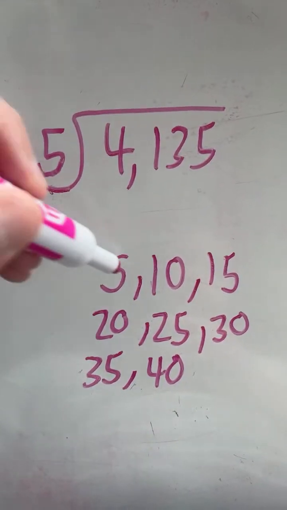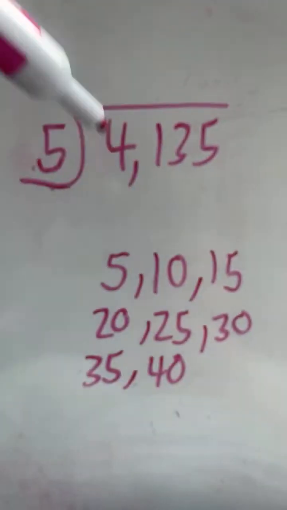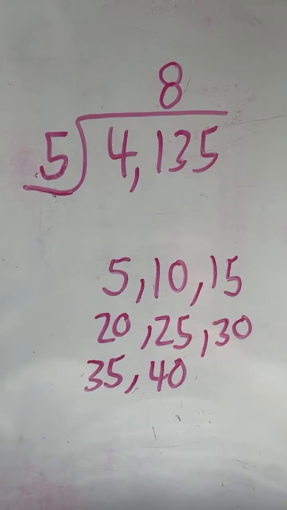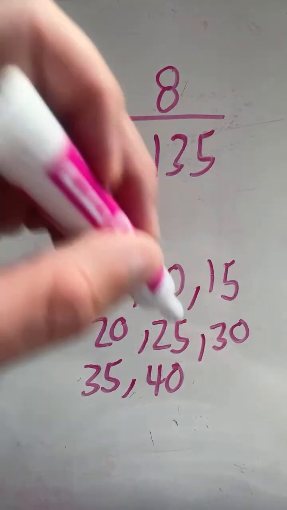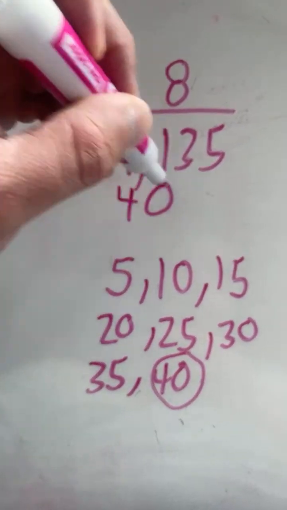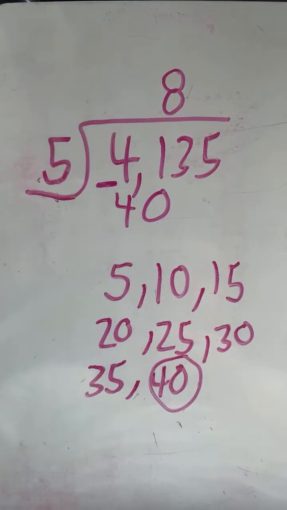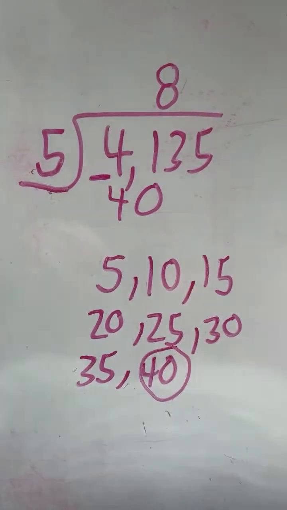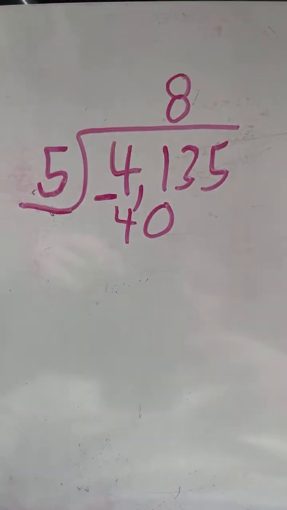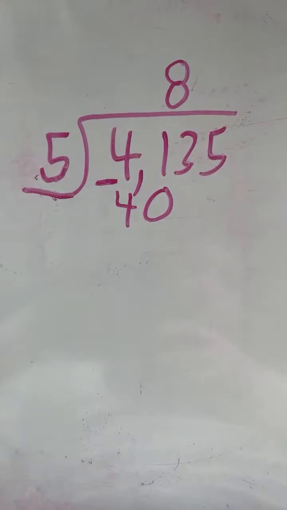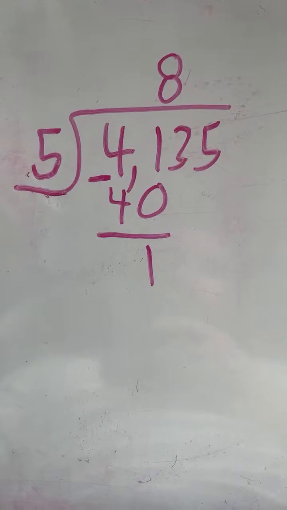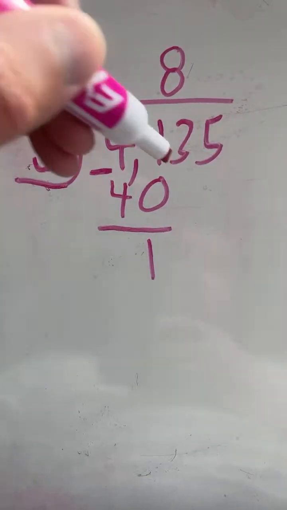If I counted by 5 again, I would be at 45, which is too far. So 40 is the closest we could get to 41 without passing 41. So we do 41 minus 40 to see if we have a remainder. 41 minus 40 equals 1, so we have a remainder of 1.